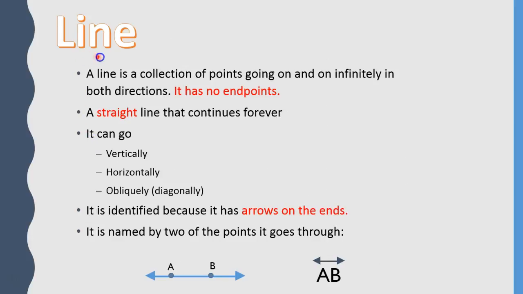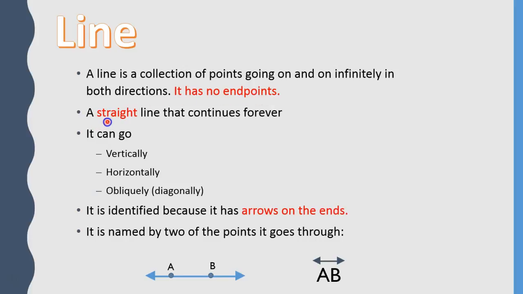Next, we have a line. Now a line is a collection of points. So you take a few of those points all together and they will form a line. And a line goes on infinitely in both directions. So on and on. It has no end points.